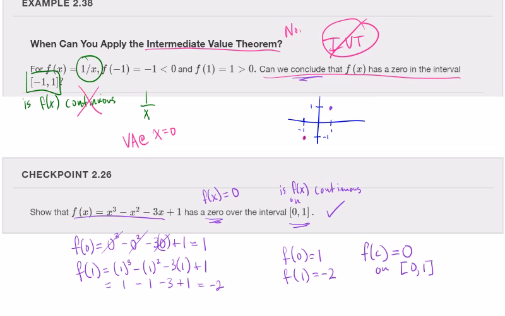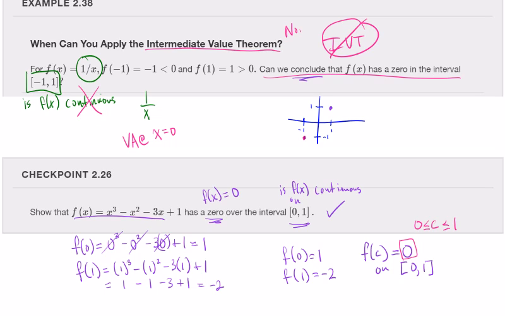So there's some value c between 0 and 1, where c is greater than 0 and less than 1, and it could actually be equal to 0 or 1, but there's some value c that provides an output of 0.